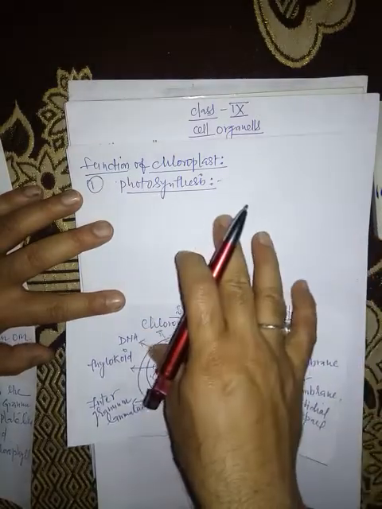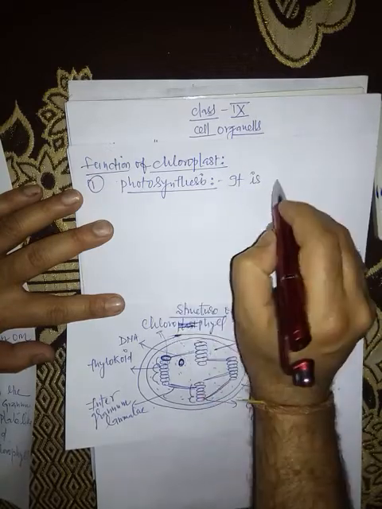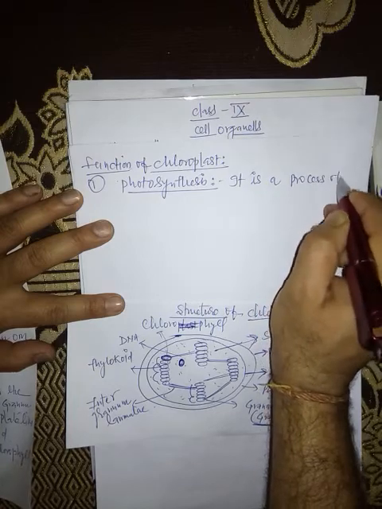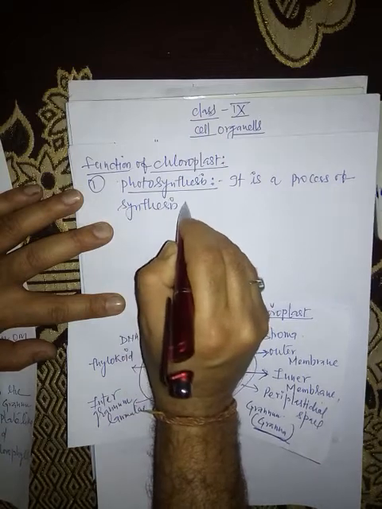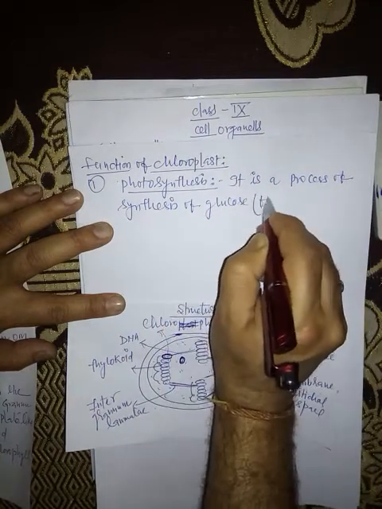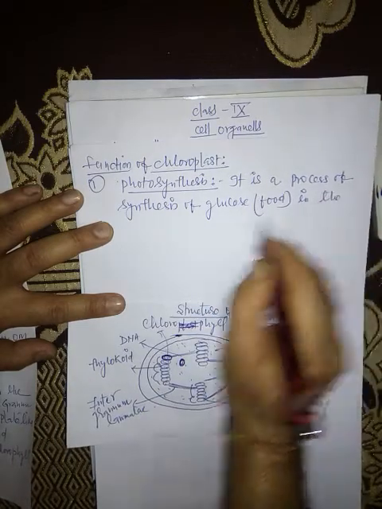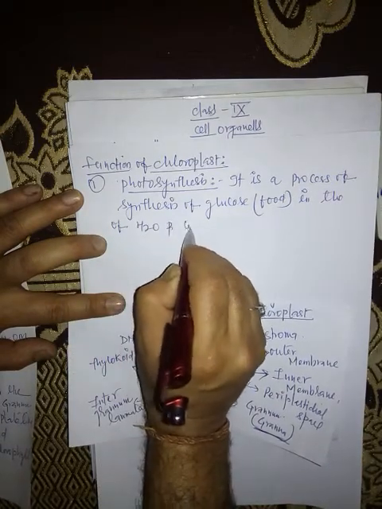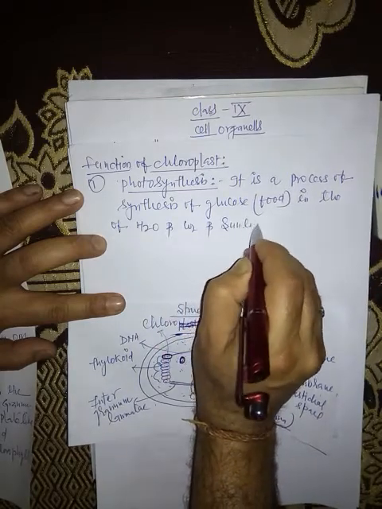It is a process of synthesis of glucose, which means food, in the presence of water, CO2 and sunlight.